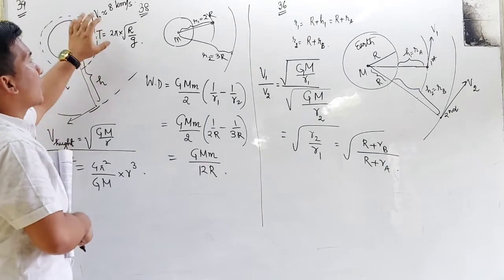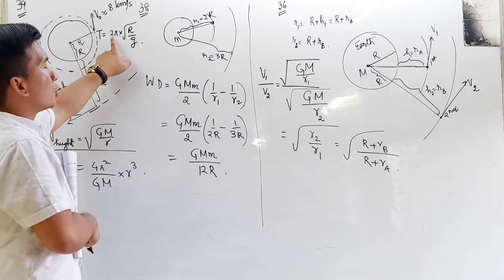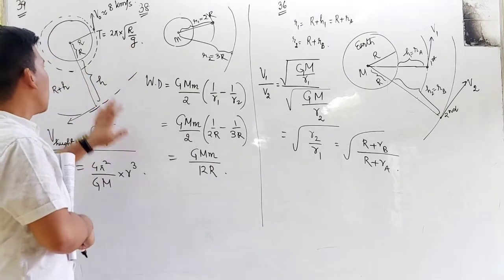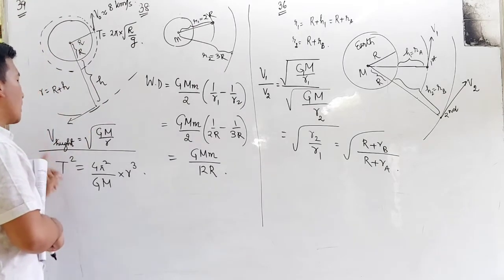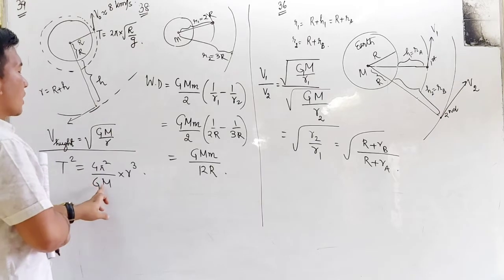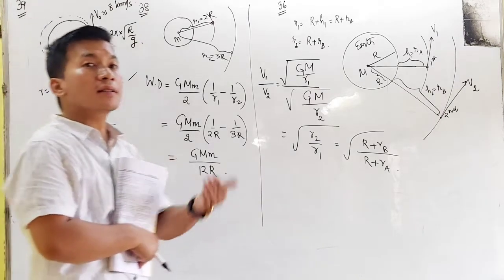The time period for the satellite just above the earth will be equal to 2π root over R by g. What about any other orbit? The square of the time period will be equal to 4π square over capital GM into r cube. This is according to your Kepler's third law.